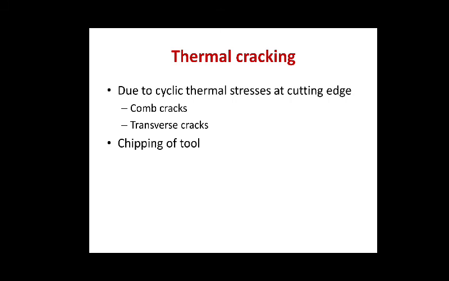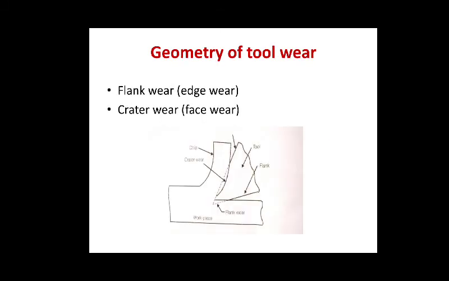Thermal cracking occurs due to cyclic thermal stresses at the cutting edge: comb cracks, transverse cracks. So the chipping of the tool occurs. Now this is the geometry of tool wear. The flank wear is here. You can see the flank wear, edge wear, crater wear, which is a face wear.